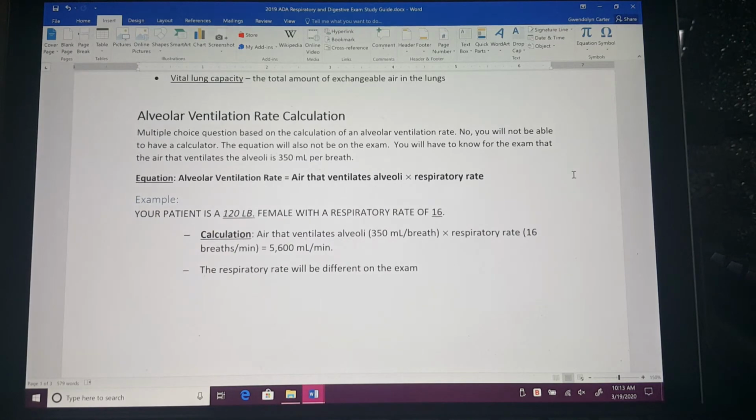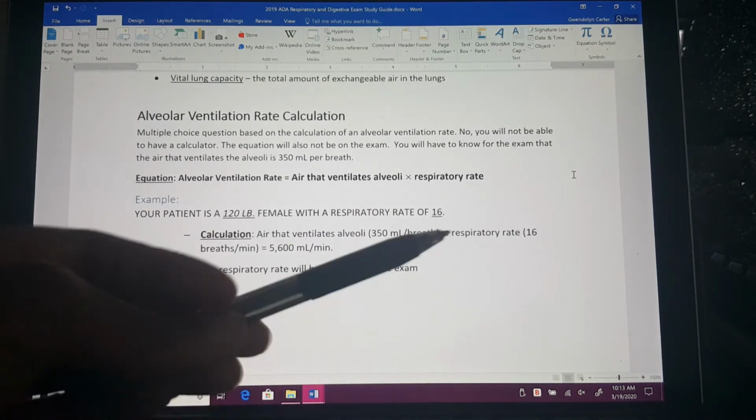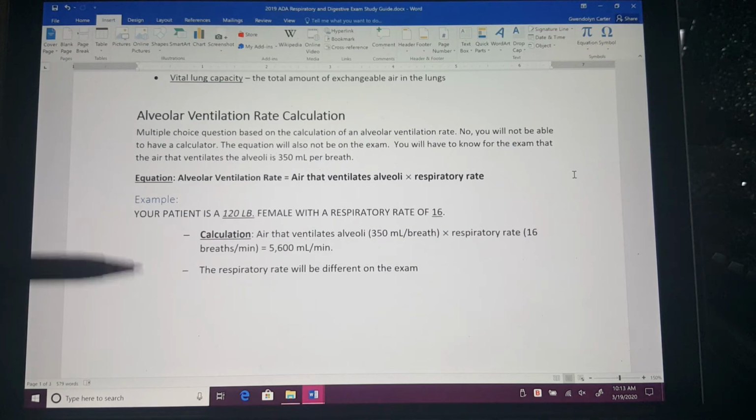So on the test, you'll be given a different number for the respiratory rate. So in our example that we'll do below, we have a patient who is a 120-pound female, so just regular person. There is some more math stuff that goes into extra when you're getting specifically on estimating how much air is really reaching the alveoli for that person, and part of that is based on weight.